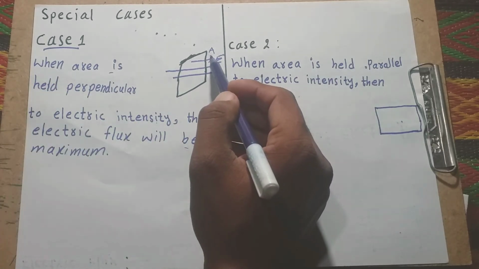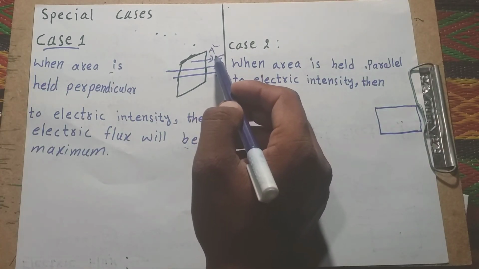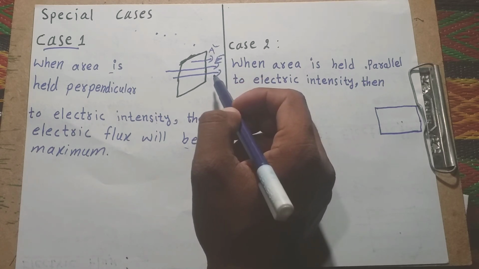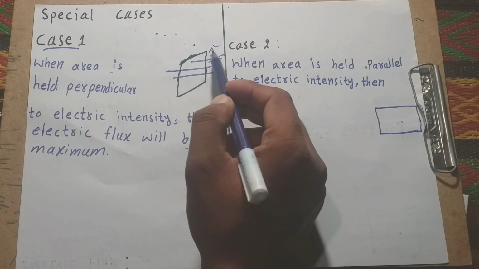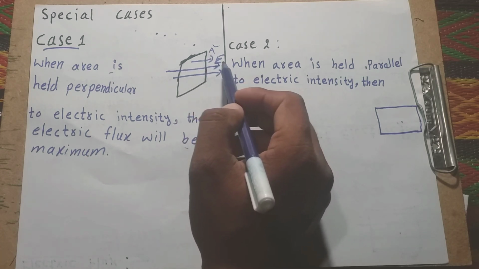The vector area, meaning the unit direction, is along the direction of outward, so the direction of area is also along the electric intensity.